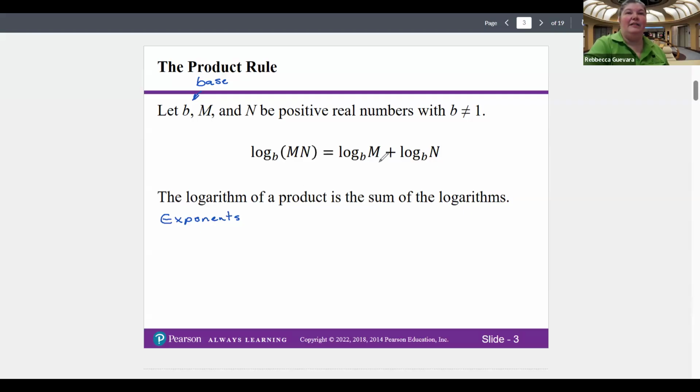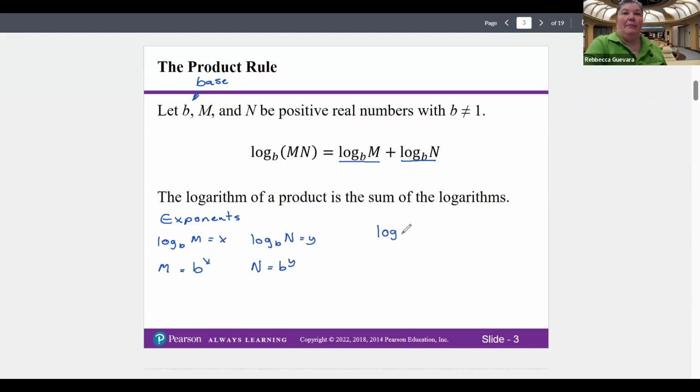So what we could say, according to these statements, is let's say we have log base b of m equals x and log base b of n equals y. Well, that means that m would just be b to the x, and n would just be b to the y.